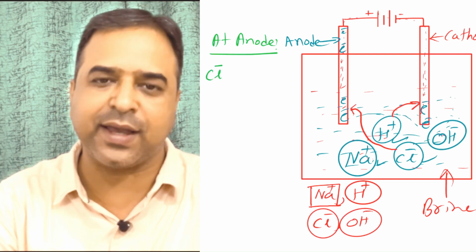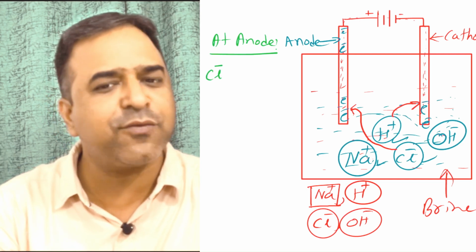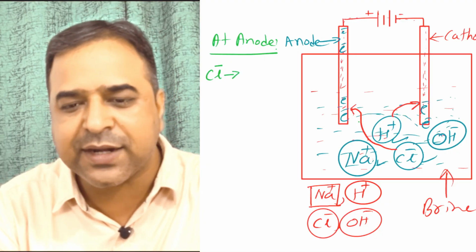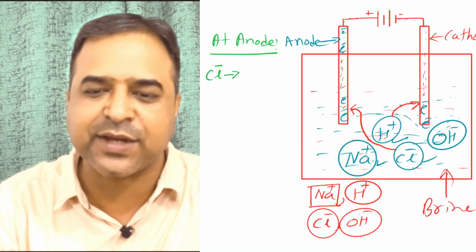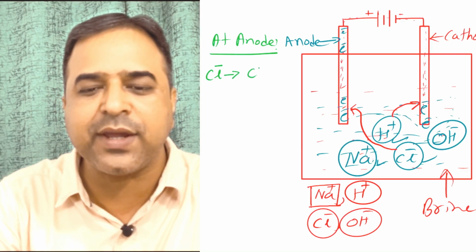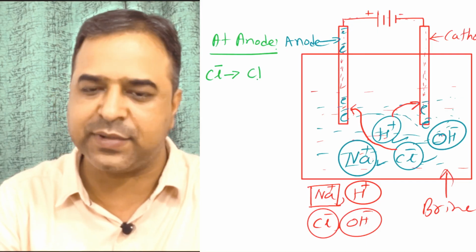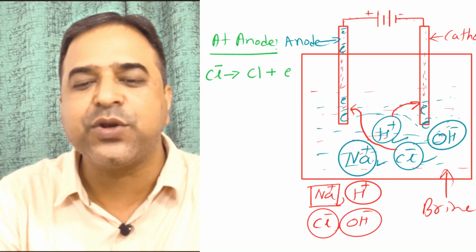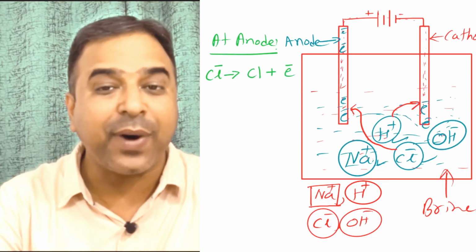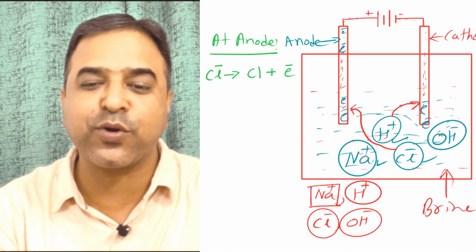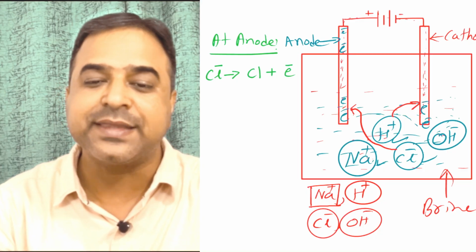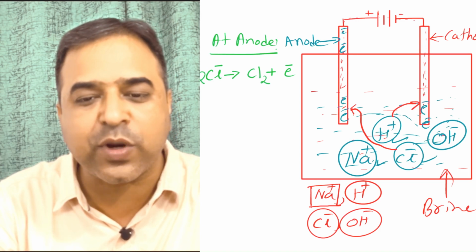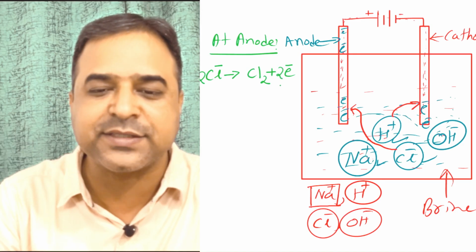It goes towards the anode and gives away its electron. You can see these electrons are coming here. So a chlorine atom will be formed, because it has donated its one electron. But a chlorine atom cannot exist in monoatomic form. It will form a covalent bond. That is why two chloride ions will form a chlorine molecule, releasing two electrons.